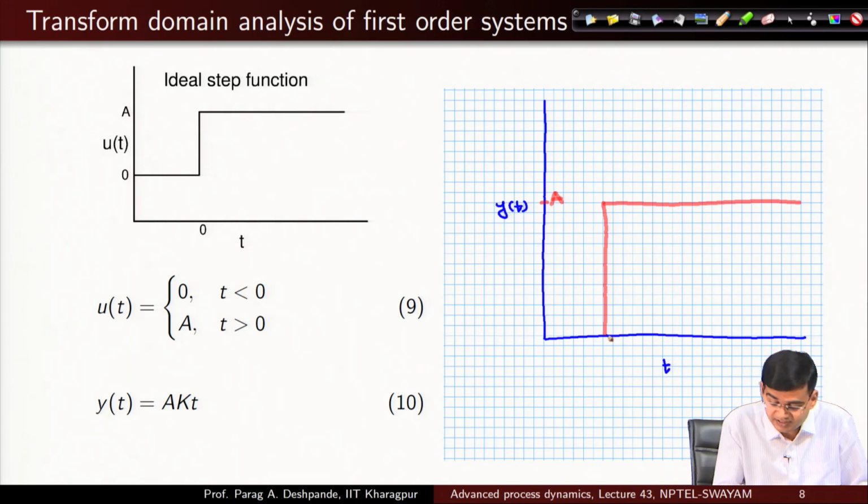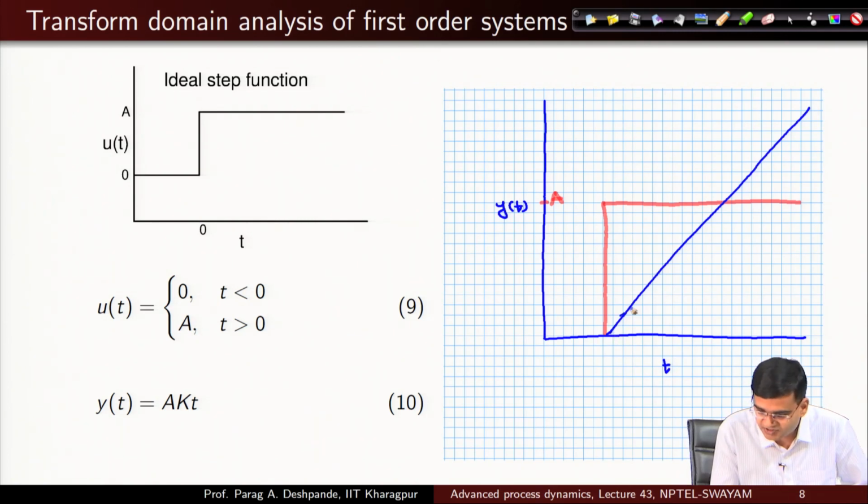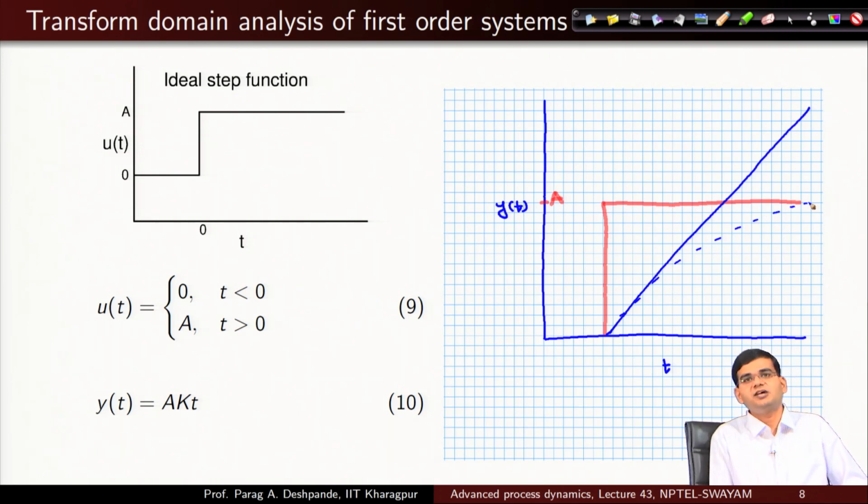It is a straight line. This is going to be your response. Completely different, because otherwise you would have expected the response to have settled down like this. This does not happen, because the system is a pure capacity system. You need to be really careful.